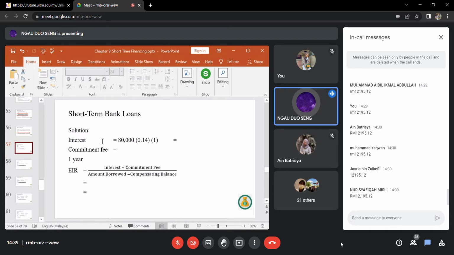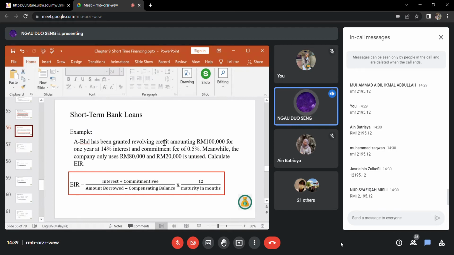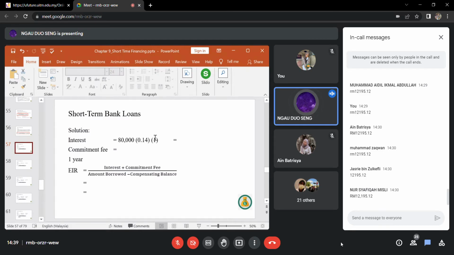All right, first we calculate the interest. Interest is PRT, if you still remember the formula. The principal is 80,000, and if you refer, it is stated 14% interest, for 1 year, so we multiply by 1.